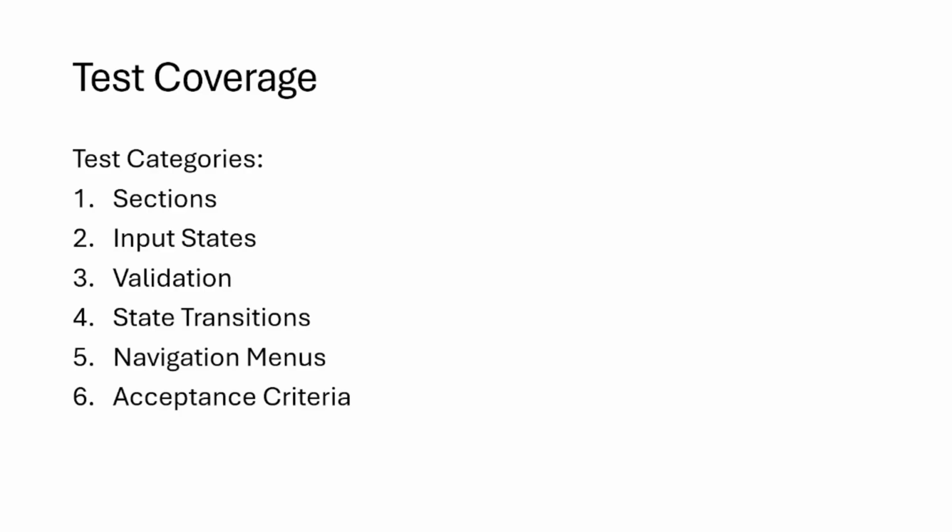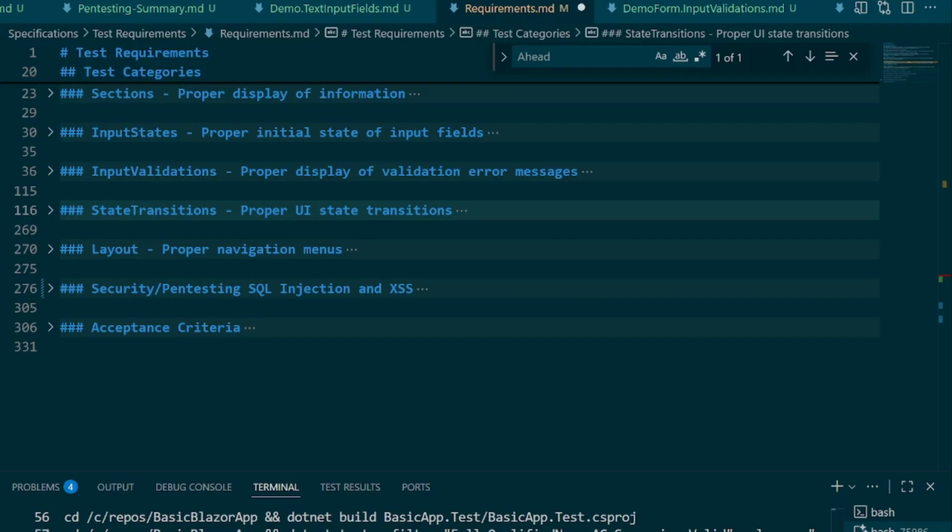And of course, you want to have tests that put invalid data in the input fields and then check that the proper error messages show up. State transitions. We have tons of state transitions in our applications, and we want to identify them all and then create tests for those, navigation menus, and acceptance criteria.